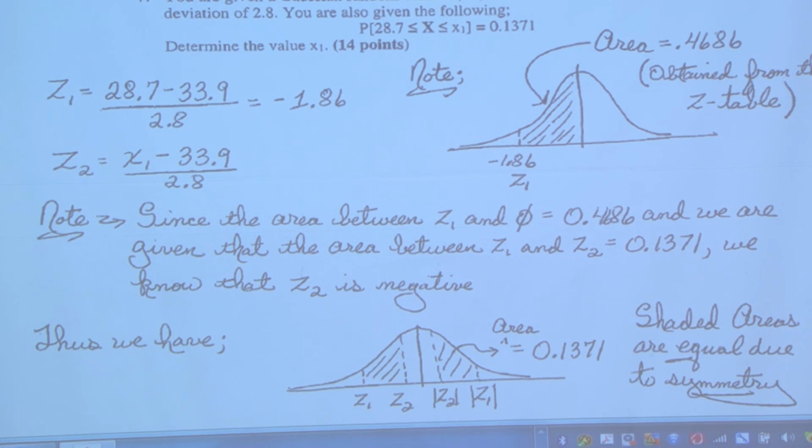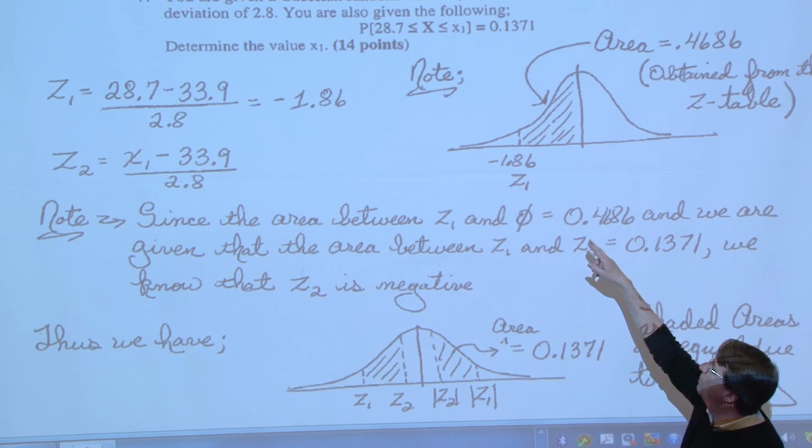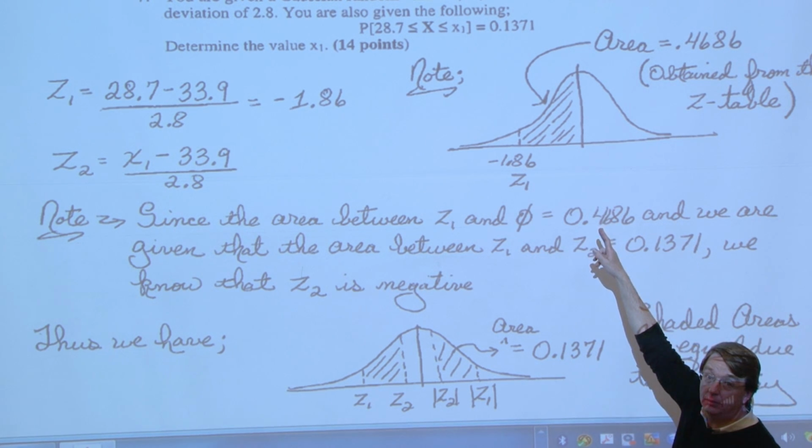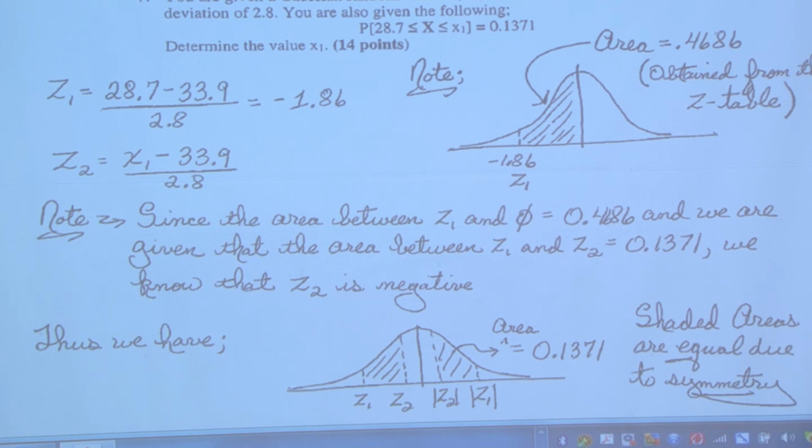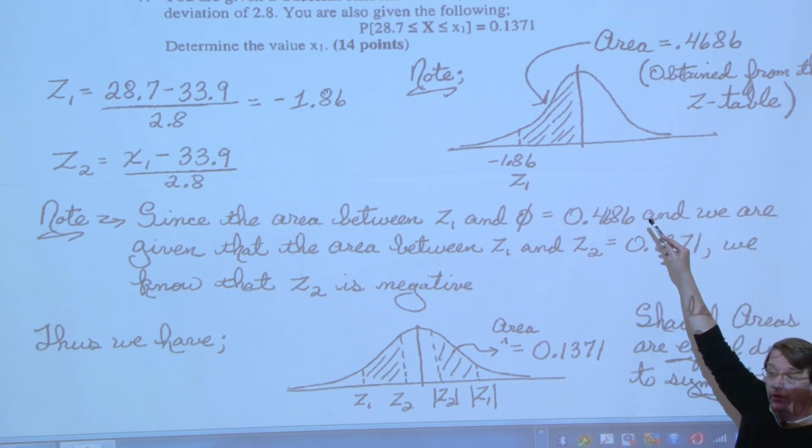It says here, what's this area from minus 1.86 to 0? Now, are you okay on symmetry? I'm now looking at this Gaussian curve.